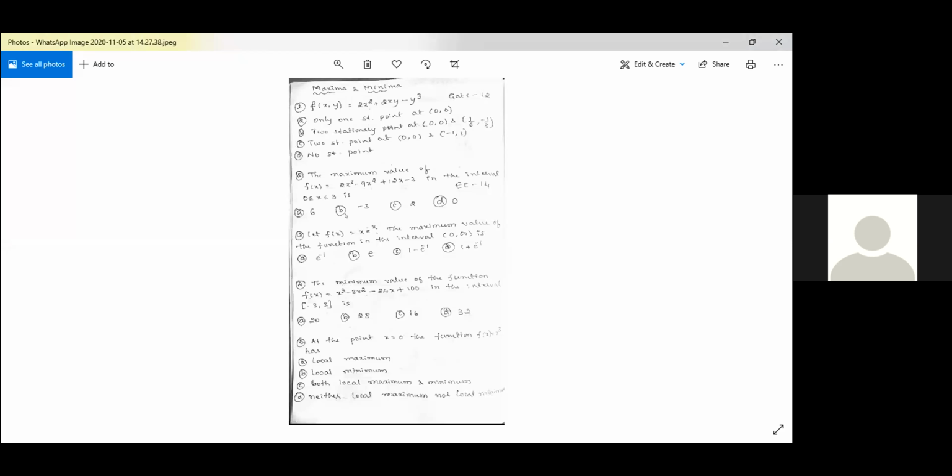If you check the value at 1, you'll get 2. If you select option C as 2, your answer will be wrong. So after finding the maximum value by finding the stationary points, you also have to find the value of the function at the end points.